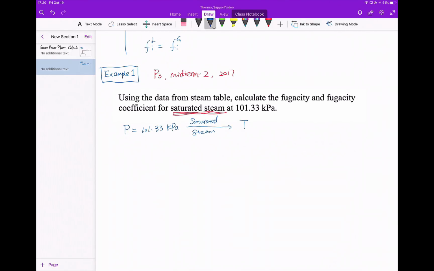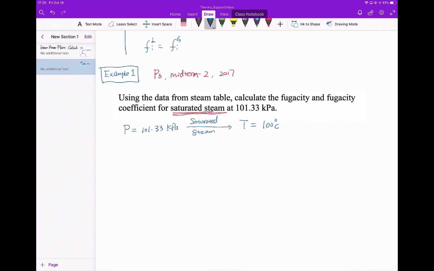Number 2 is to get the values. Looking at the solution I have, from the steam table, this is 100 degrees C, and 100 degrees C sounds correct.